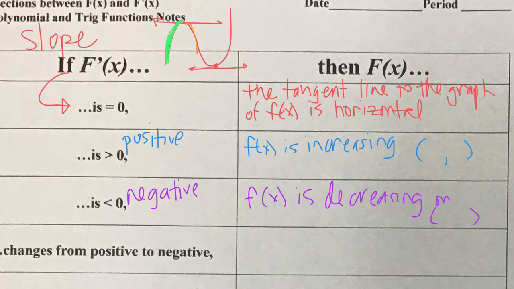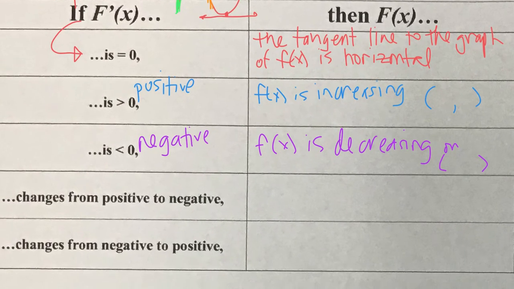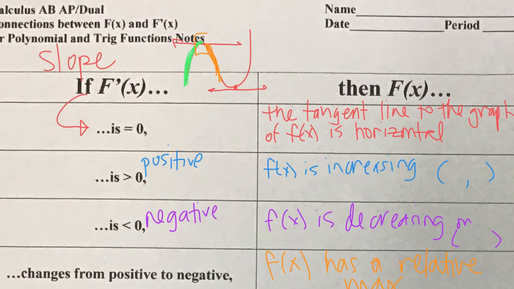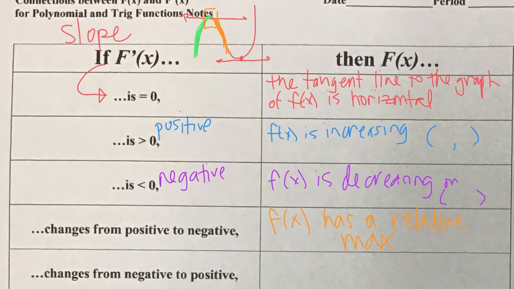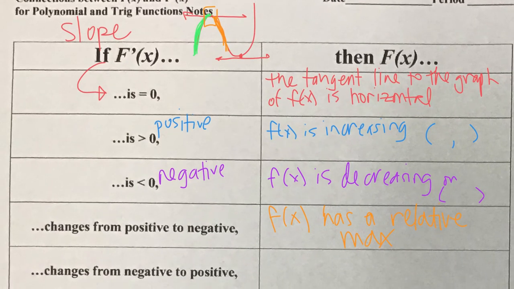So what do we have if we have increasing on the left and then decreasing on the right? f of x has a relative maximum at that point where it changes. That's going to be an x value. For our derivative, that's where the f prime graph is going to cross the x-axis. So if our slope changes from positive to negative, we have reached a maximum point.